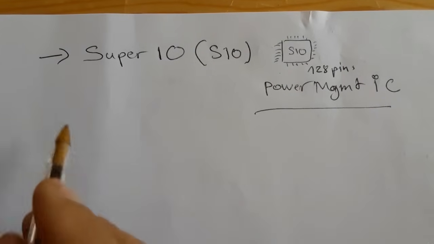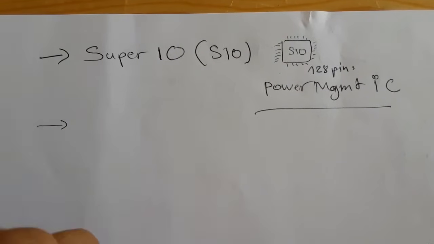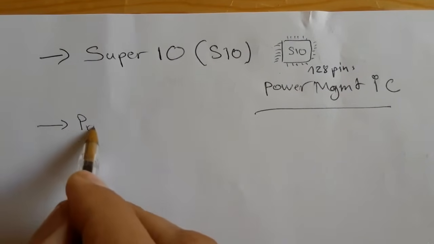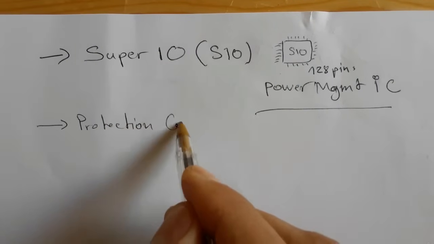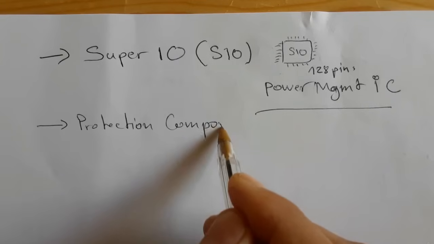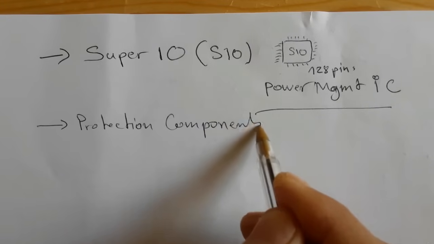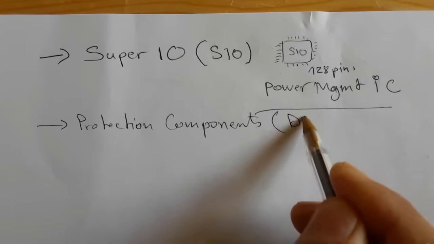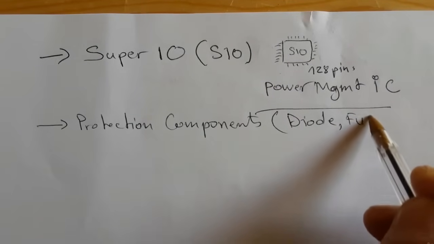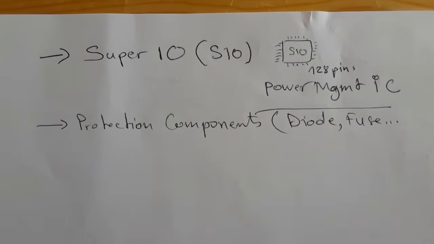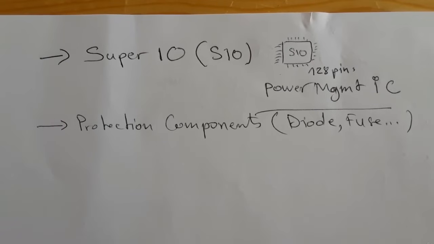The next failure among the common faults in laptops is protection components. The protection components are things like diodes or fuses, and sometimes you can find ceramic capacitors. These components are always near the power jack.